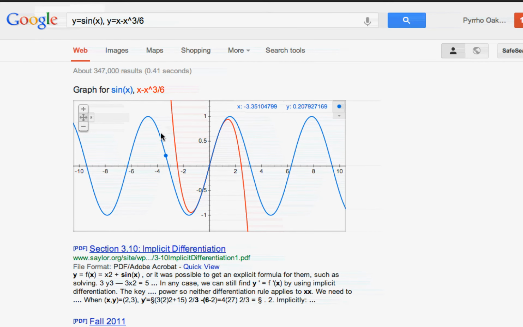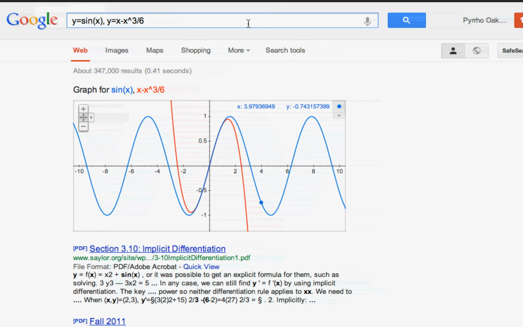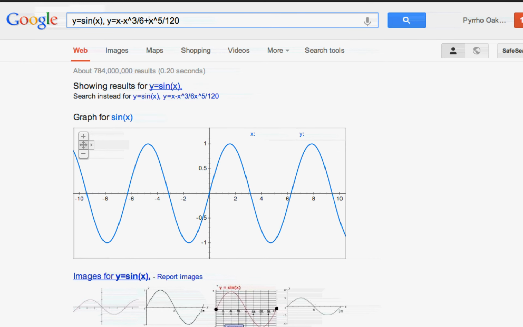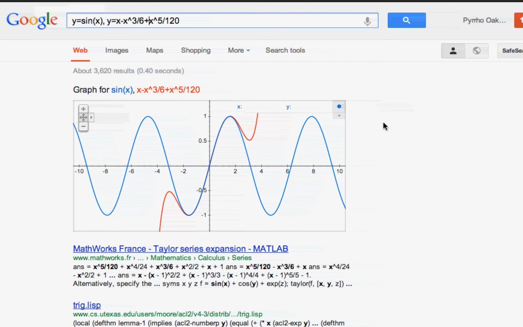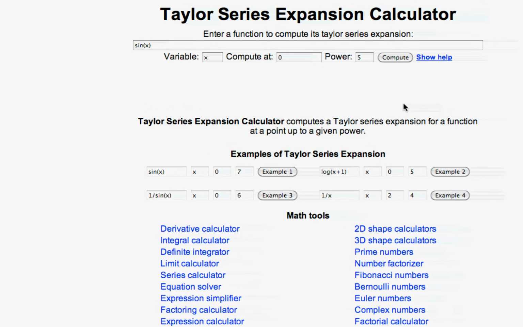On an x to the 3rd type curve, it starts to look like that. And if I add the 5th, so it's plus, right? So it's plus. See? Now it's starting to match that little curve there. Look, if I go up to 10, it'll just start wrapping more and more of that.